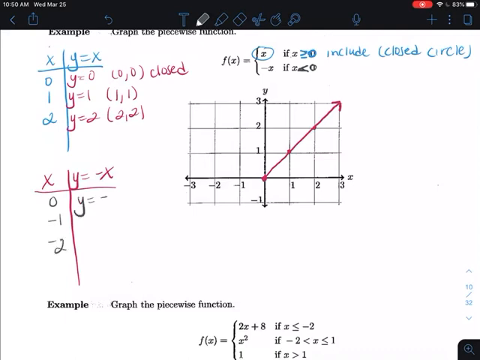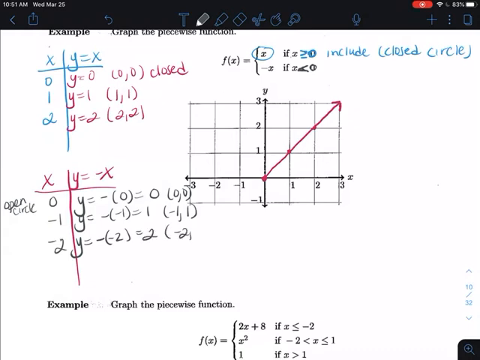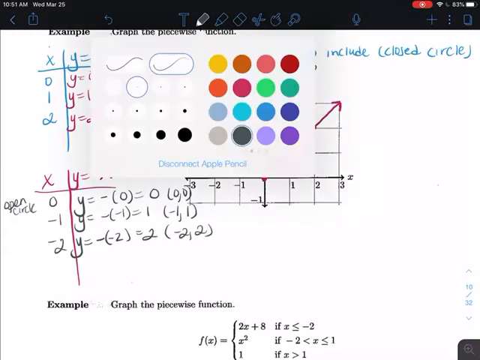So this is y equals negative 0, which is just 0. So that's the point 0, 0. But remember, you're going to have an open circle. Y equals negative x, or negative 1. So this ends up being positive 1. So this is a point negative 1, 1. Y equals negative. The x value is negative 2. Opposite of negative 2 is positive 2. So this is negative 2, 2.